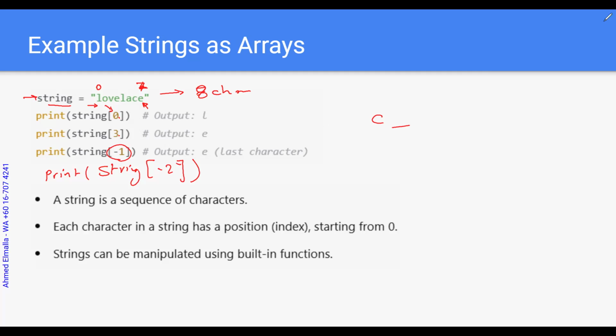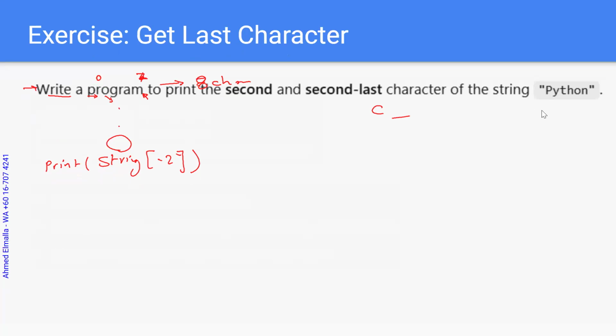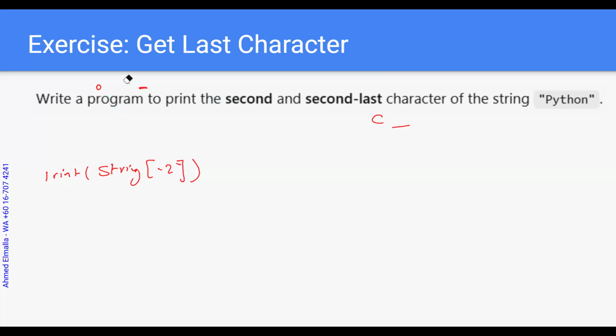So indexing starts from 0. Okay, if I want you to write a simple program that prints the second and second last letter from this string Python. Can you do that?